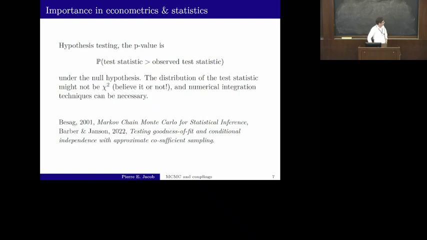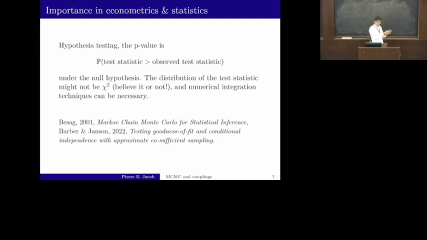Those are two references. The first one is lecture notes explaining various uses for MCMC in hypothesis testing, and a recent one in Annals of Statistics. I'm putting that just to say that even if you're firmly against Bayesian inference, and some people are very firmly against it, because this notion of prior distribution sounds, for some people, like it's against the objectivity of science, and so on and so forth.